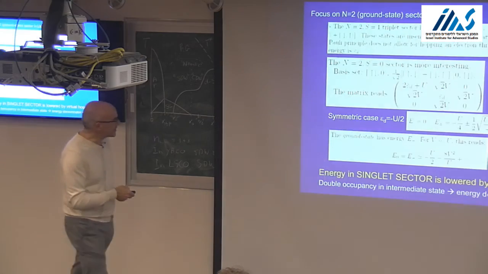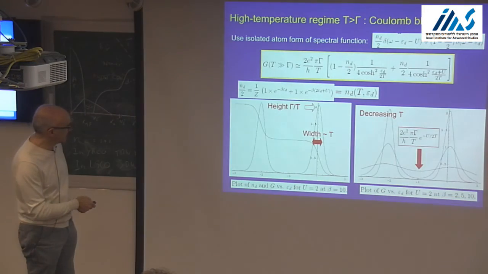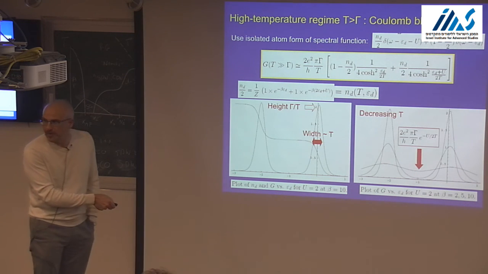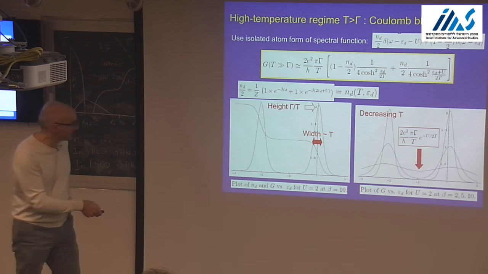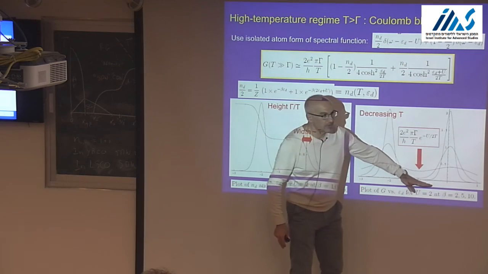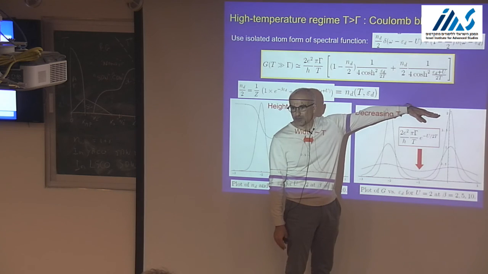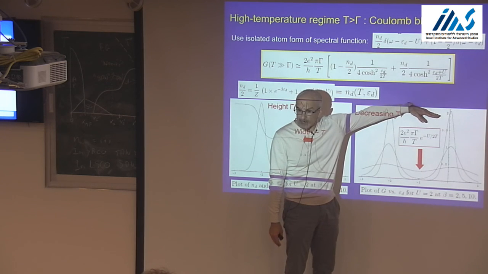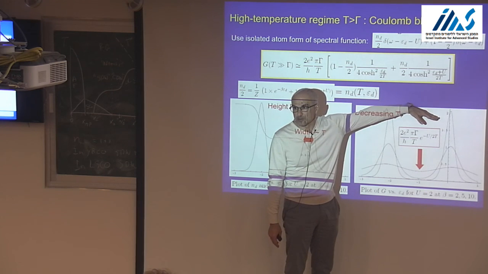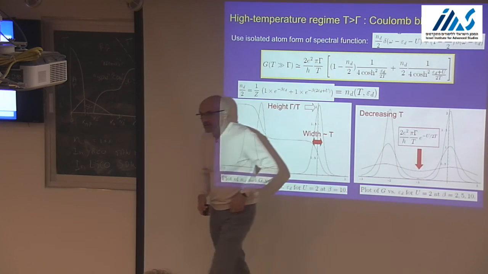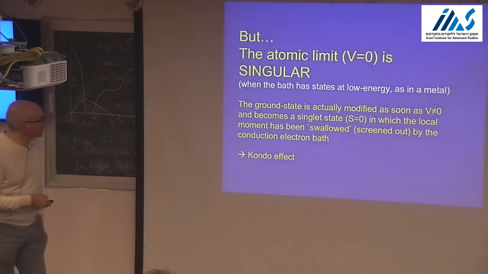So instead of having this story here with the Coulomb blockade gradually developing as we go to T equal to 0, what we should really have is complete suppression of the Coulomb blockade all the way to maximal conductance 2e squared over h as we lower temperature. Completely opposite prediction. Okay. So is that seen experimentally?